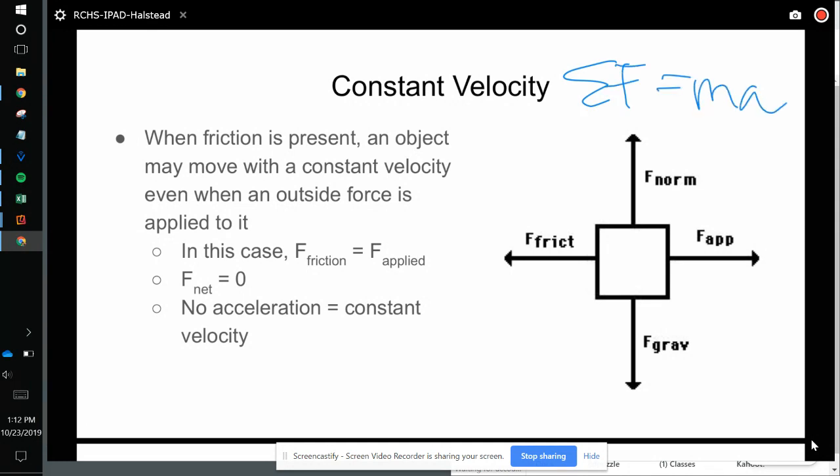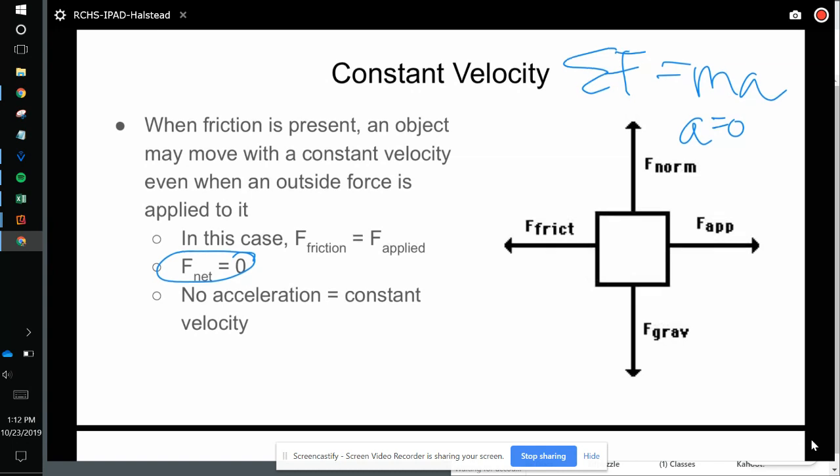If we're going at a constant velocity, that means that our acceleration equals 0. So therefore, our net force is 0. So when we have this, friction force is equal to applied force. That's a very common occurrence in these problems, and I just wanted to point that out so that you can use that. And you guys saw that in your friction lab from yesterday.